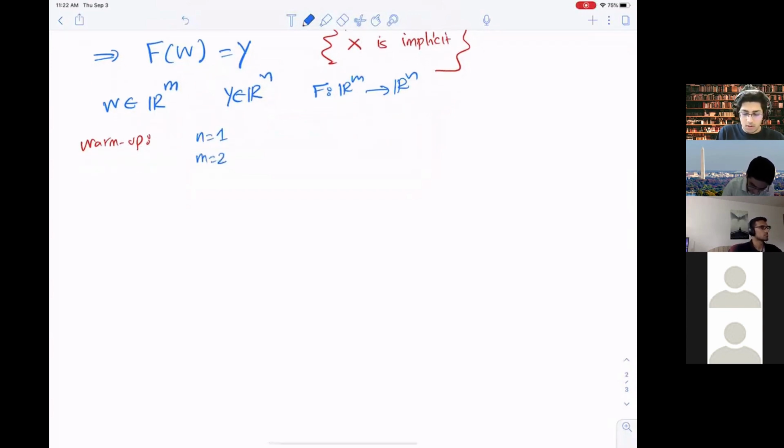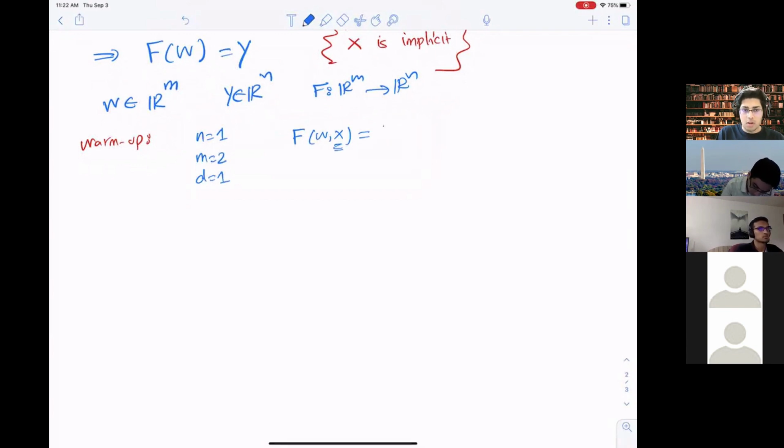Let's say I have 2 parameters for my model, and the dimension of my input is 1. I'm going to bring back X here because it makes more sense to write it in this form, but we know that even if I don't write it, X is implicit in my equations.